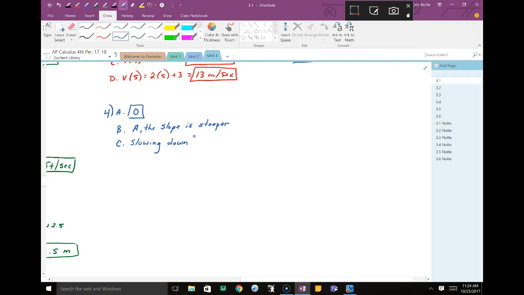Okay, so how do we know if something is slowing down? Speeding up or slowing down? The speed, okay, the speed is decreasing. So when you say speed is decreasing, thinking in terms of position, velocity, and acceleration, what are we talking about?